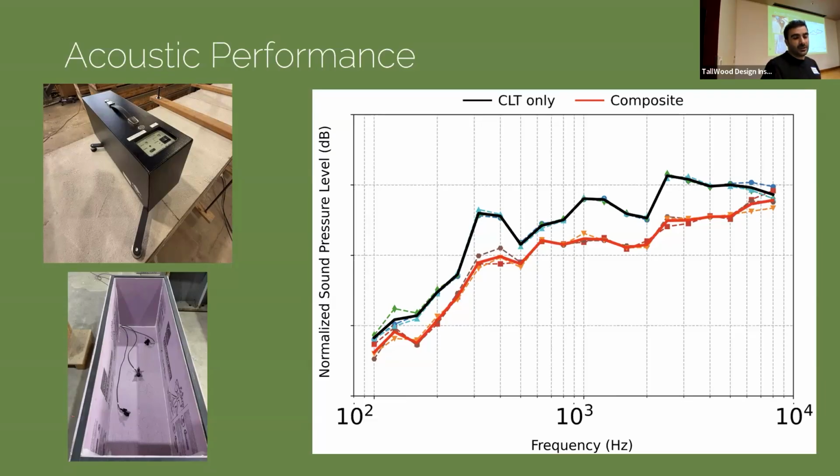Which means you can improve the impact sound insulation of these systems by just making the systems composite. I didn't put the results for the other cases, like the effect of the shear connectors and the effect of the spacing.